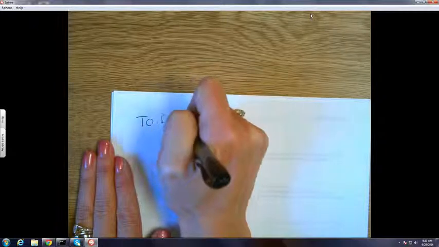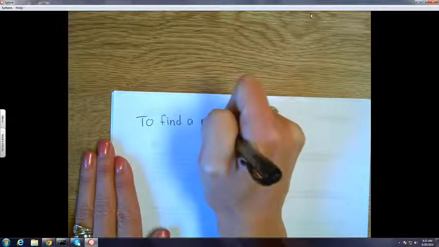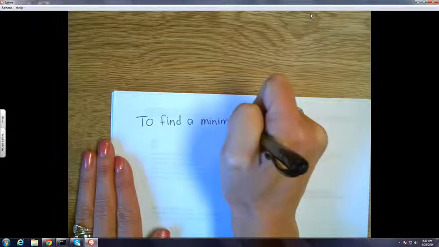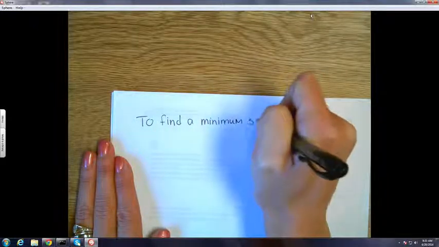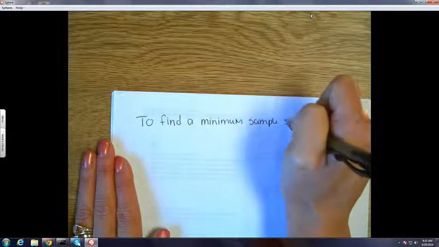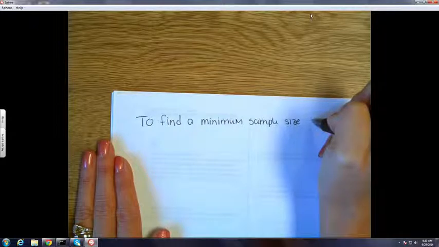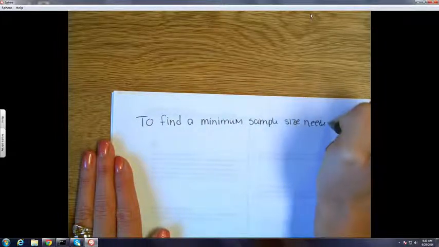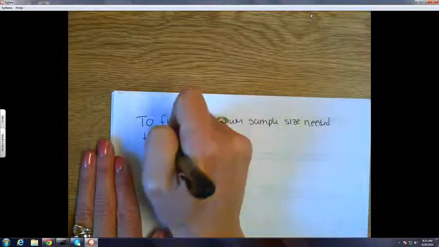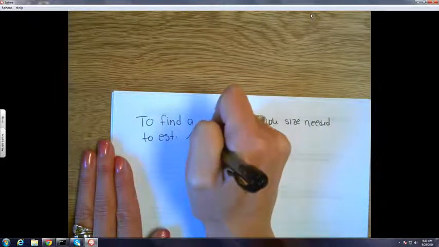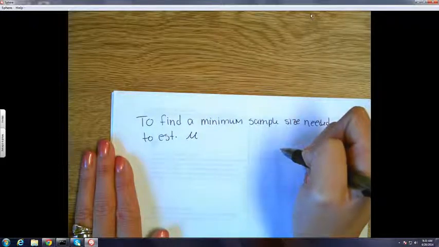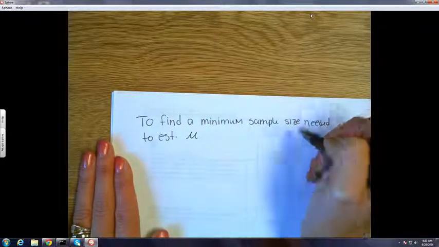Okay, now, let's say, okay, it's called minimum sample size. To find a minimum sample size needed to estimate population mean for a given amount of error.